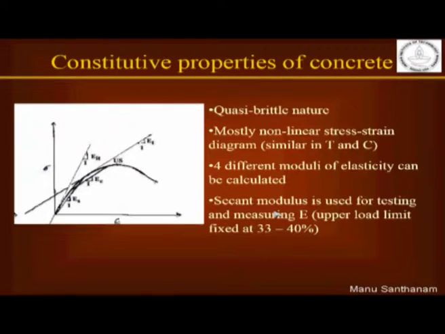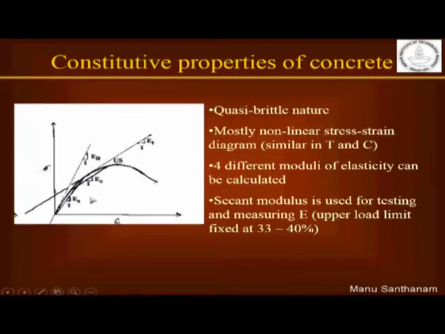So, we measure the strain when we apply a load of about 30 to 40% of the ultimate load, and then we take the slope of the line drawn between the origin and that point. That slope is our secant modulus or static modulus of elasticity.